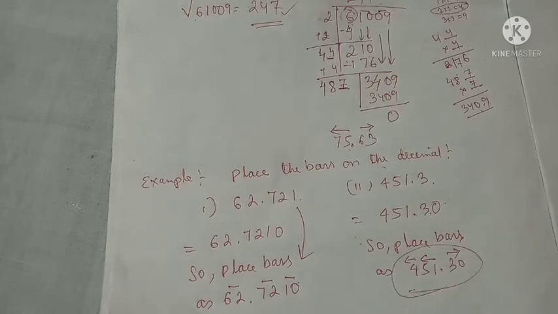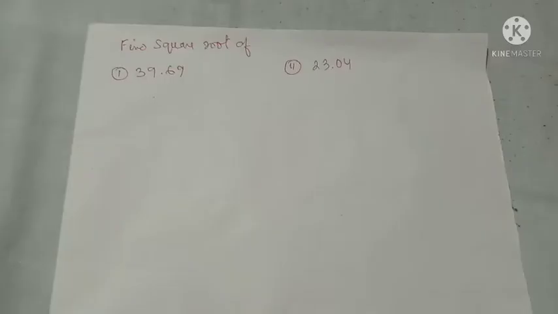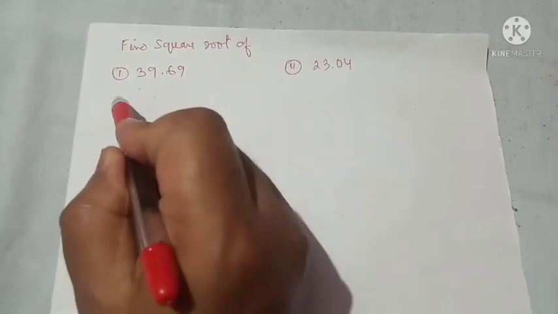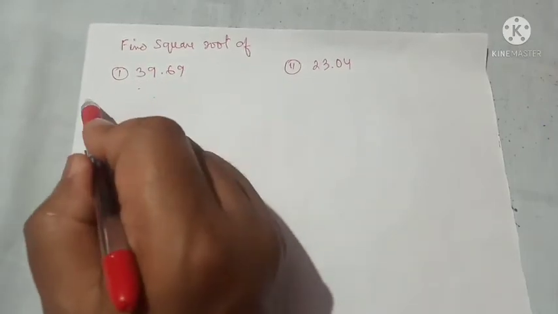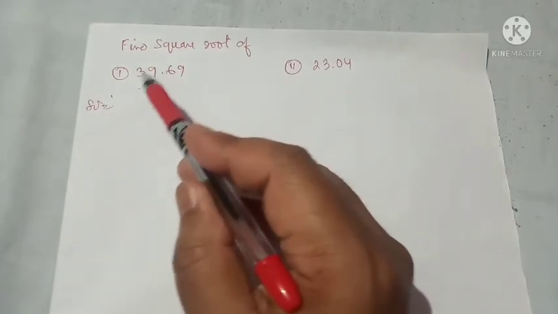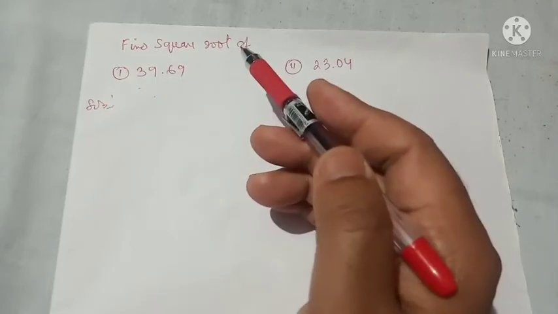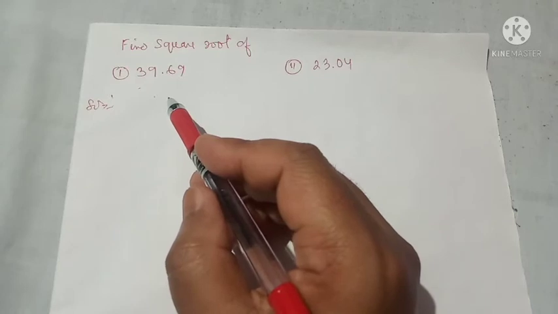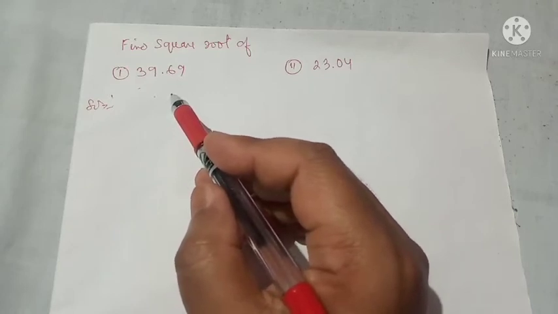If we understand how to put the bar, we can find the square root of a decimal number using the long division method, the same as for whole numbers. So let's see an example of how to find the square root of a decimal number by the long division method. We continue with the same method as before, but as soon as we bring down the digits in the decimal place, the decimal point should be put in the quotient.